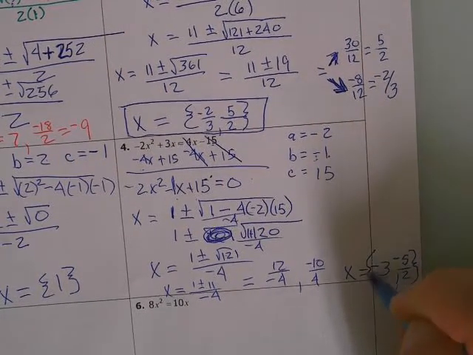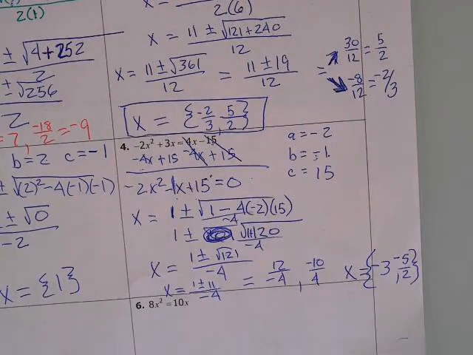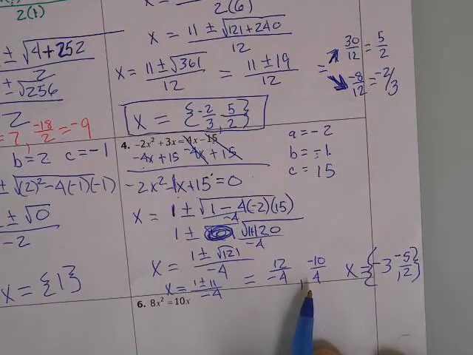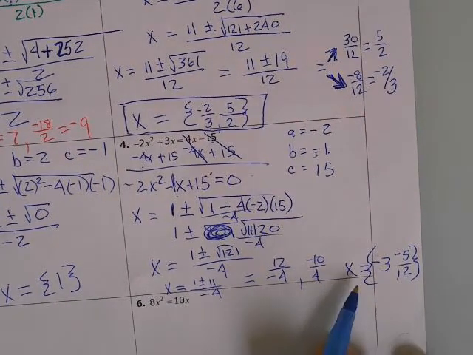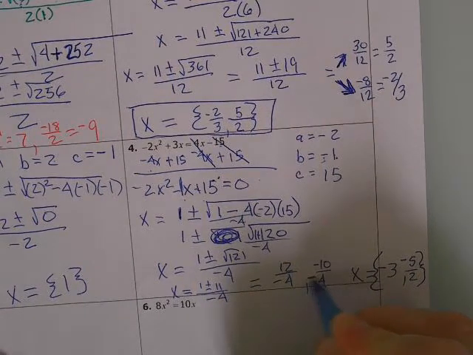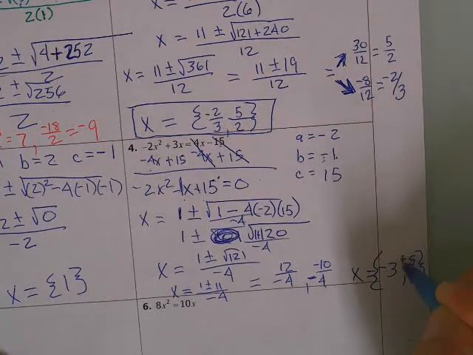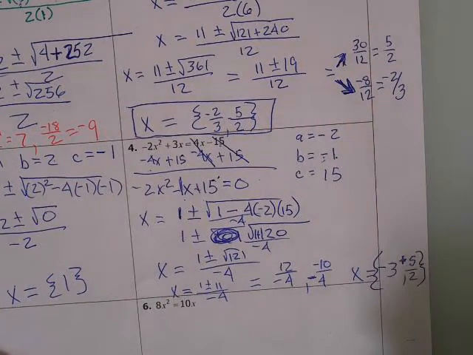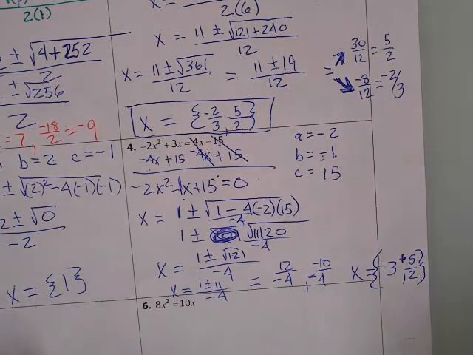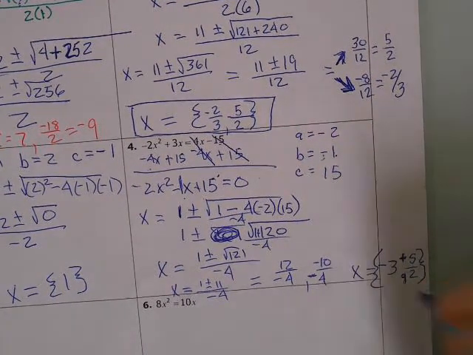Is that correct? Actually, guys, these were both negative, so that's positive 5 halves. Negative 10 over negative 4 is positive 5 halves. And that's a comma, not a 1.